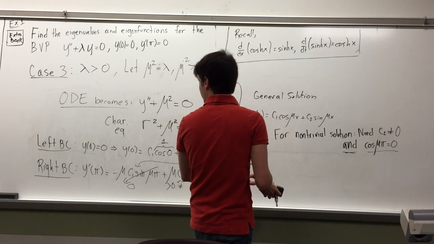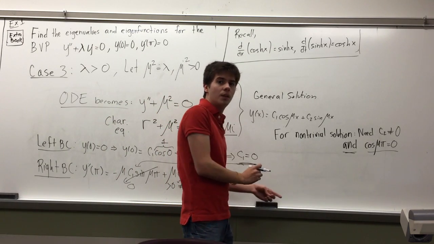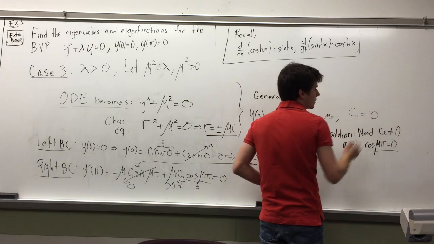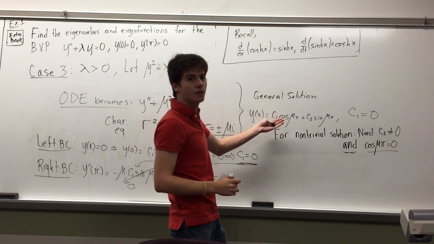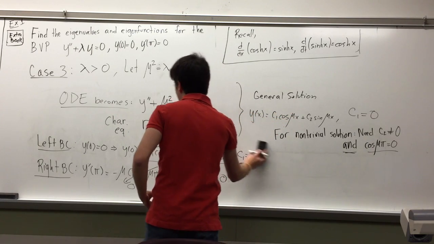So let me erase this part of the board. The only thing that I'm going to keep is the fact that C1 is equal to 0, because when we write down our eigenfunction, that's going to be important.